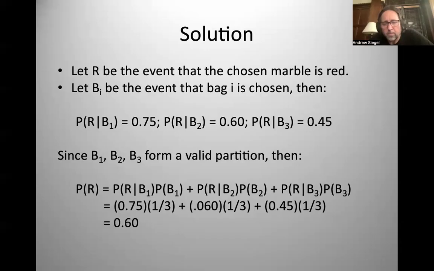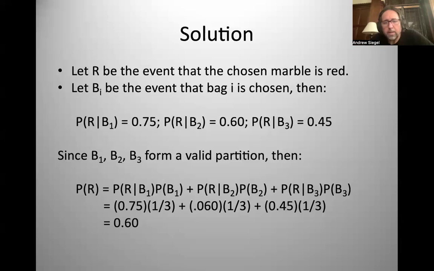The probability that it's red is the probability that it is red given that bag one was chosen, times the probability that bag one was chosen, plus the probability that it is red given that bag two was chosen, times the probability that bag two was chosen, and so forth for bag three. Direct application of the law of total probability.